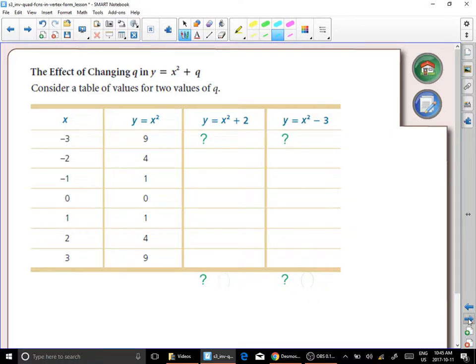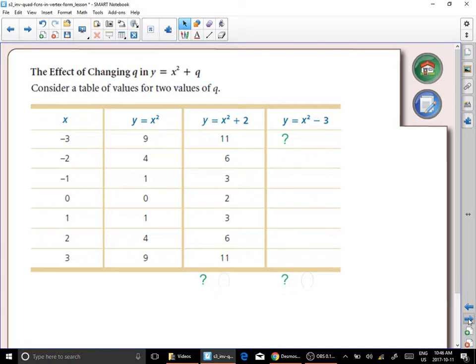Now, if we have x squared plus 2, then all we're doing is adding 2 to all the y values. 9 becomes 11, 4 becomes 6, 1 becomes 3, 0 becomes 2, and so on.